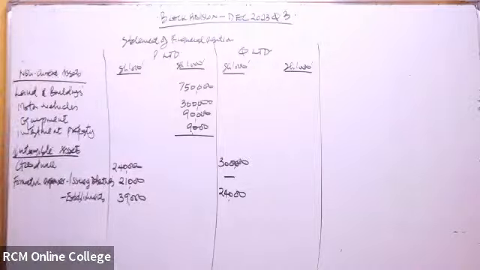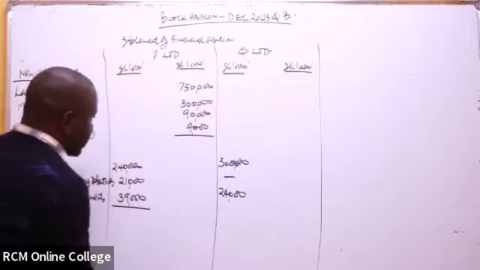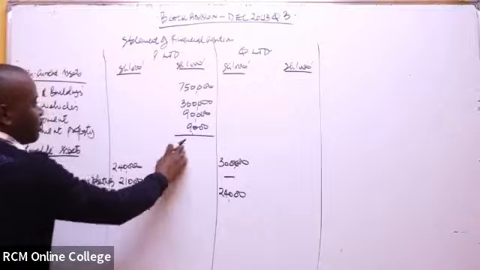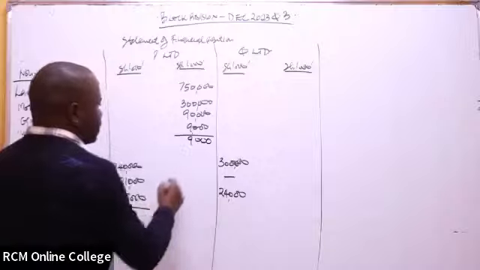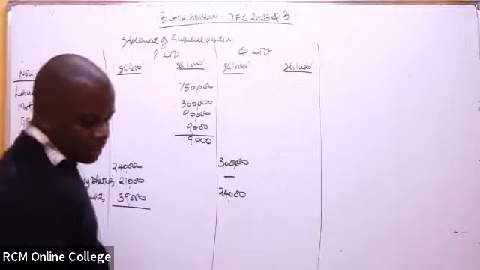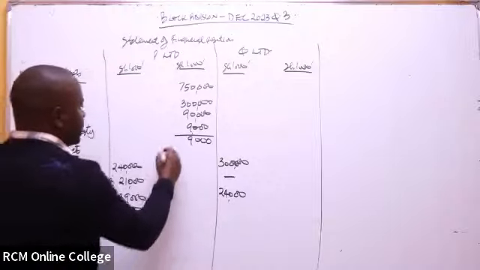Then now we can get the total. Suppose there's a total you're supposed to have already been able to get here. It's supposed to come to 1149.